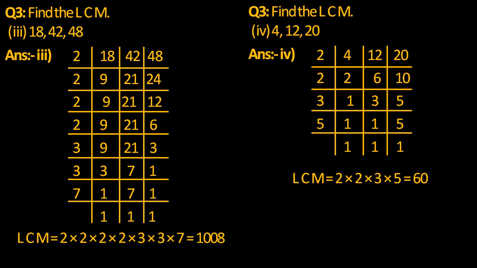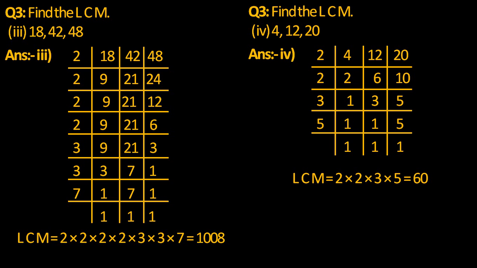Again 2, 9 and 21 is taken down, 6, 2 3s are 6. Now you can see here 3 3s are 9, 3 7s are 21, 3 1s are 3. 3 1s are 3, 7 carried down, 7 1s are 7. So LCM now is all the 2s, 4 times 2 multiplied by 3 2 times into 7, which is equal to 1008.